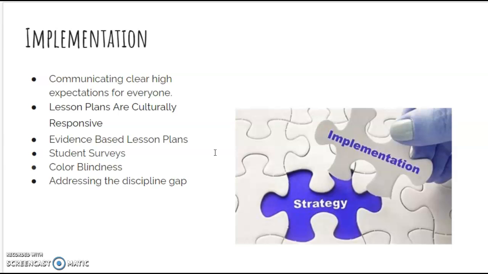Evidence-based lesson plans. So where's the evidence proving that this type of lesson taught this way is going to have a positive learning outcome for all students? Looking at student surveys, avoiding that color blindness mentioned before, and addressing the discipline gap found between different cultures in the U.S. and in our classrooms.